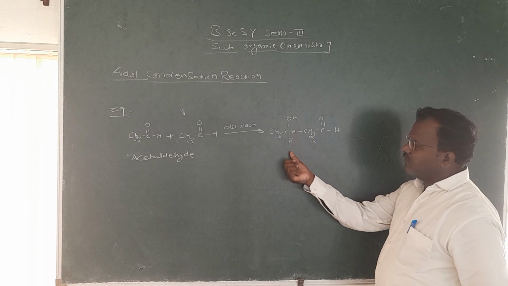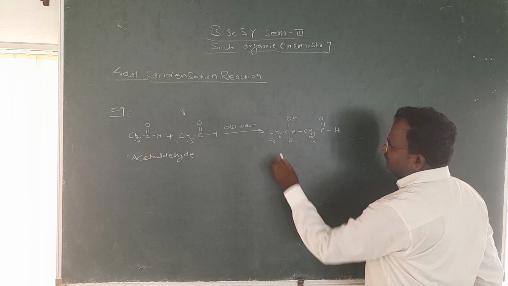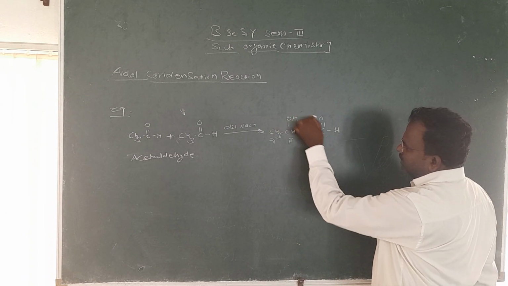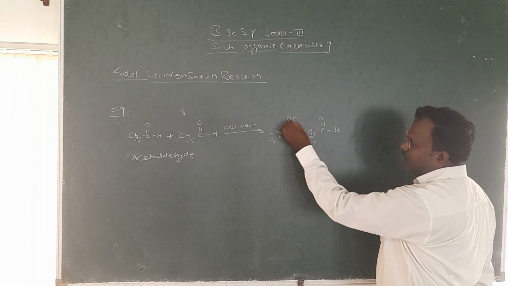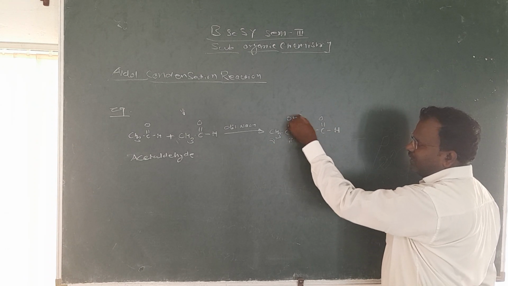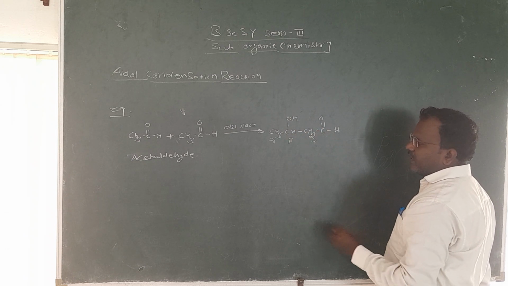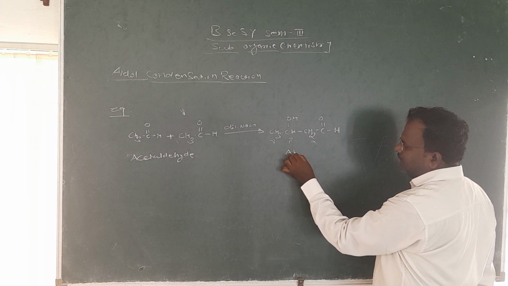This is the beta hydrogen atom, and this is the gamma hydrogen atom. In this compound, the hydroxy group and the aldehyde are present. That's why this compound is the aldol.